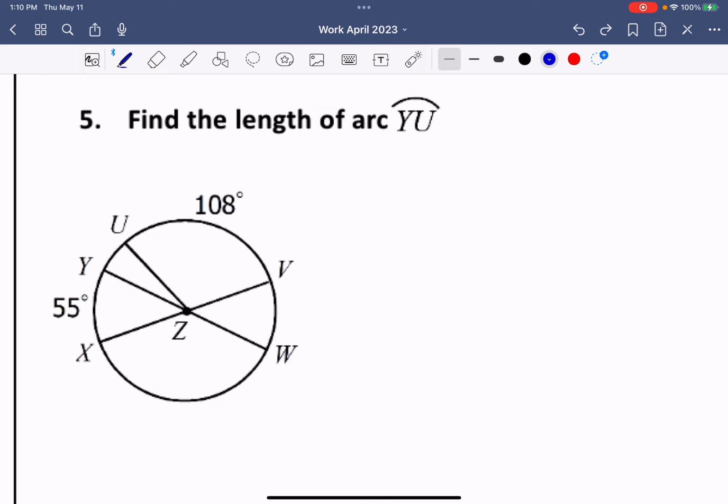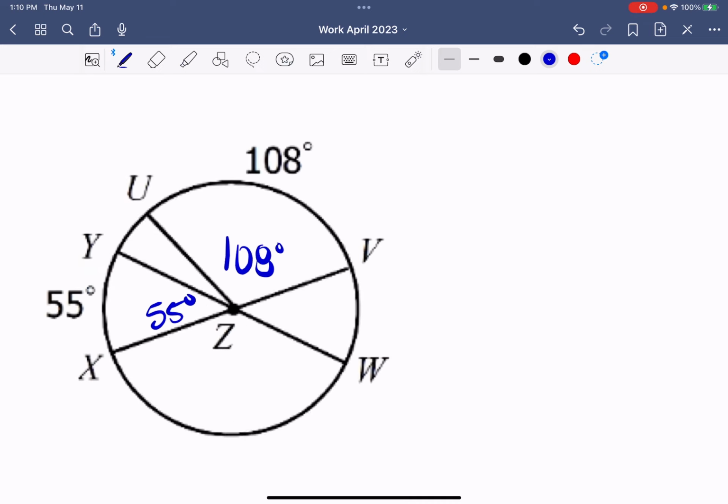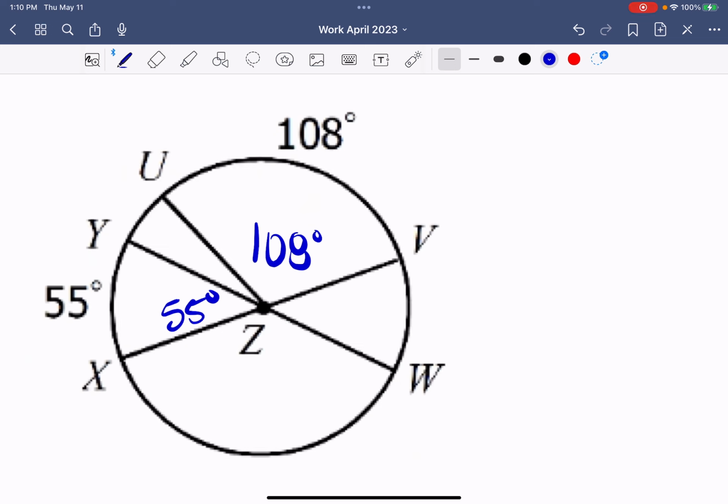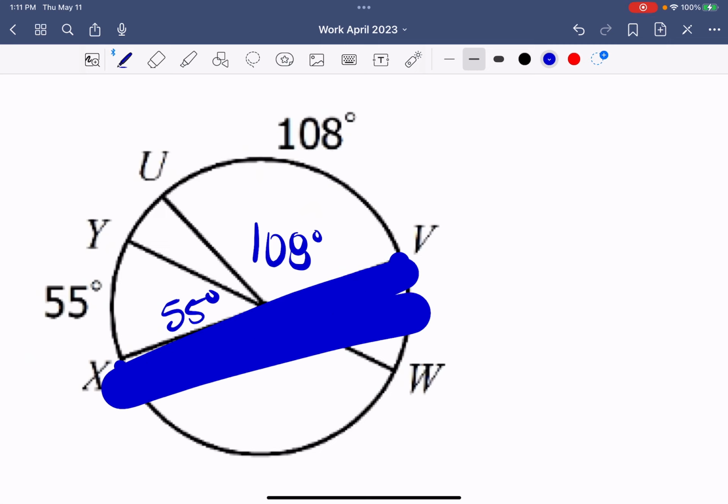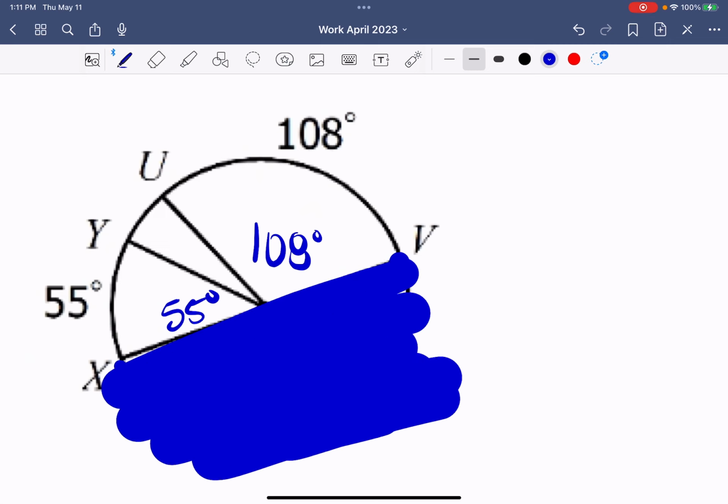So I could put 108 on the inside. I could put 55 on the inside. And now we do need to find the rest. So I'm going to zoom in. If I cut this circle in half from X to V, and we hide the bottom of the circle, then it means that these 3 add up to 180.